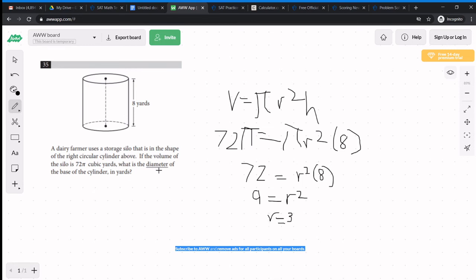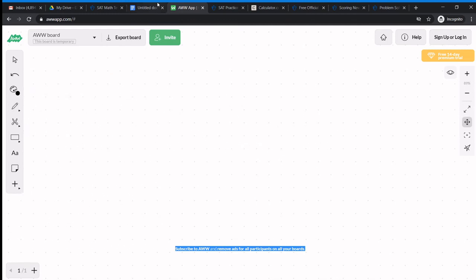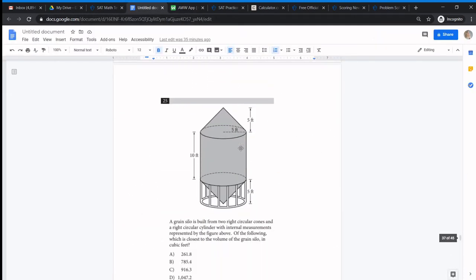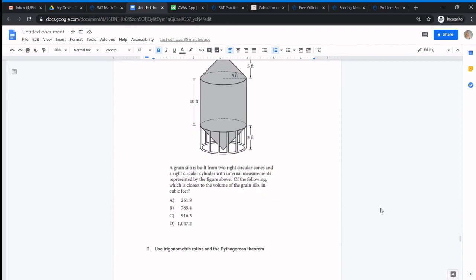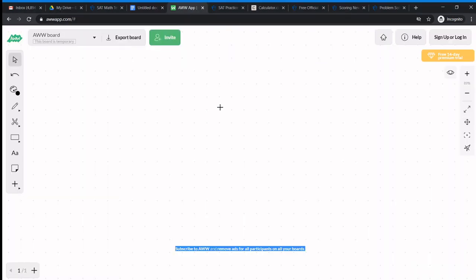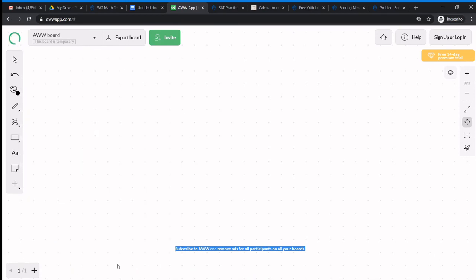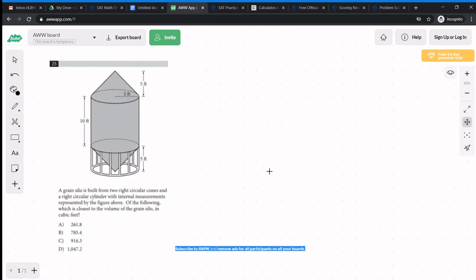And it's asking for the diameter, which will be 2 times the radius, so we get 6 as our answer. Not too bad, especially because they give us the formulas. And this one is kind of like the final boss of them. Just a culmination of different shapes, all of which they give you the formula for. So, although it's a bit of work, it's not too bad.